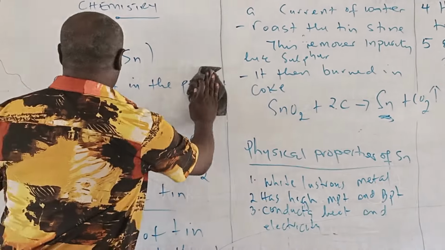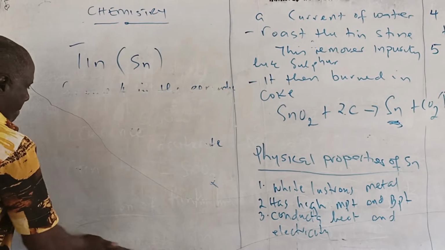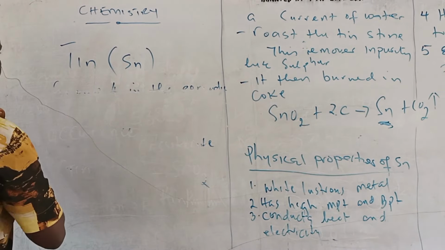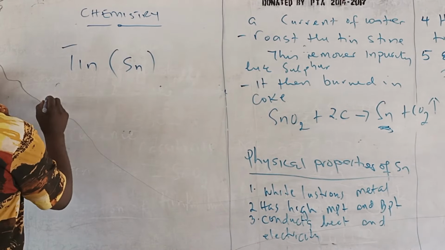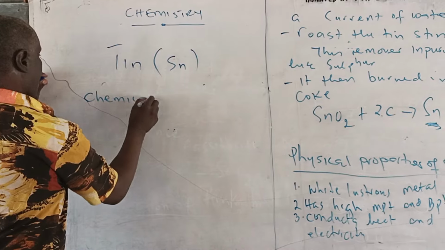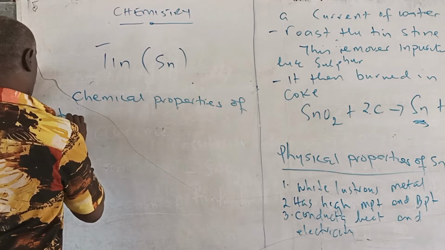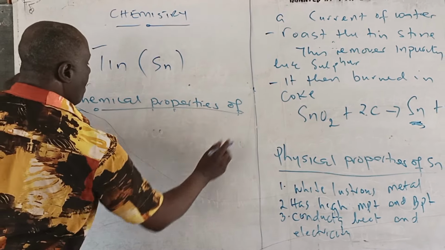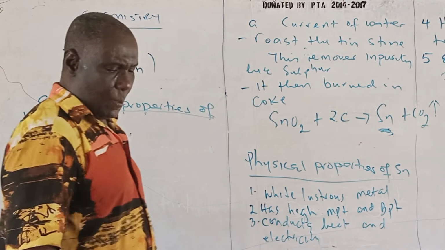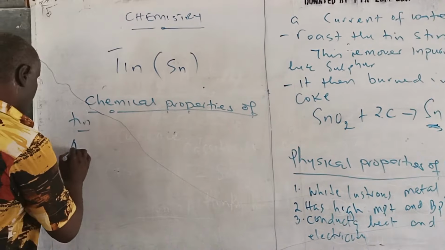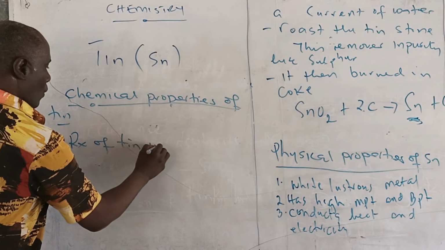We'll now be considering the chemical properties of tin. First, we are going to consider the reaction of tin with oxygen.